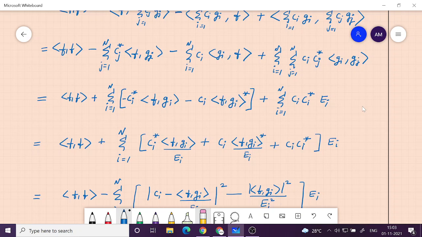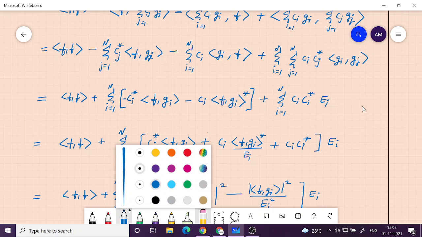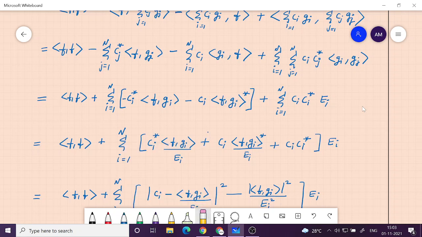Again, this is plus, and okay, so this is also minus. There is a minus sign here, so I am keeping the minus here with these two terms.